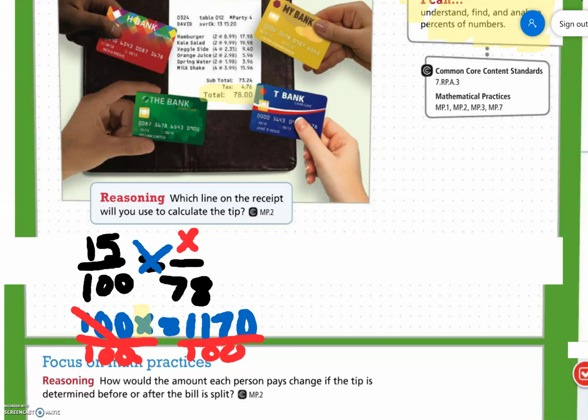So it would tell me that x equals $1.17. That doesn't sound right. No, sorry. Silly me. $11.7. Okay, so that's how much tip they should use for the bill.